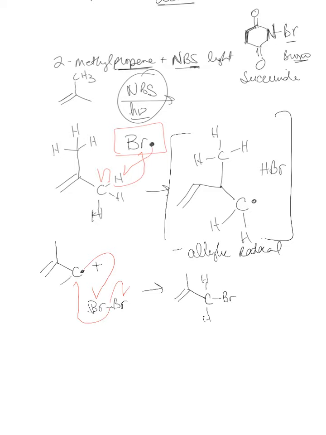Okay, so what's happened here is these electrons, this is concerted, are going to go here. These electrons are going to go here, the pi electrons. These electrons are going to go here. So when we draw this, we draw our 6-membered ring with our new sigma bond being made, and then our new pi bond.